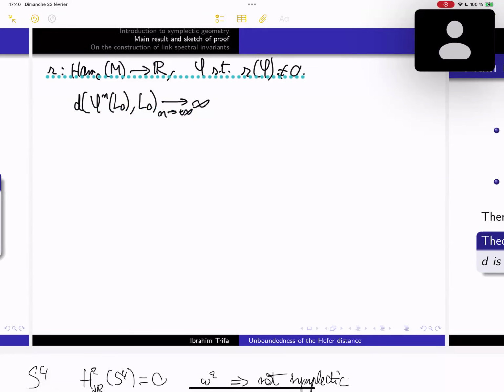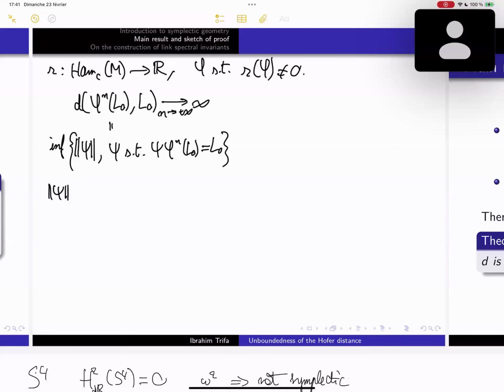Indeed, this distance is defined as the infimum of the norm of psi for psi such that psi phi^n L0 is equal to L0, right? And so then we will try to bound from below the Hofer norm of such a psi.